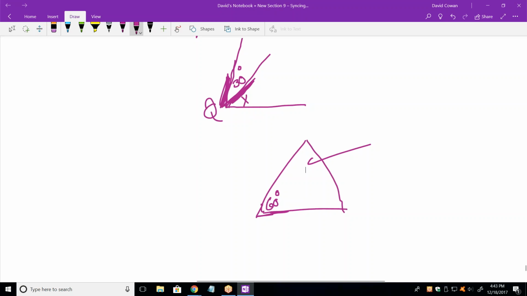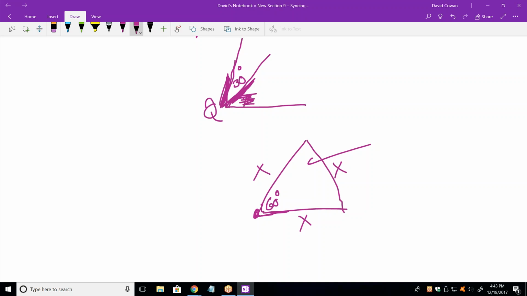In other words, that equals that equals that. Forget that X there. But an equiangular triangle is an equilateral triangle. An equilateral triangle is something you can do really easily with a compass.